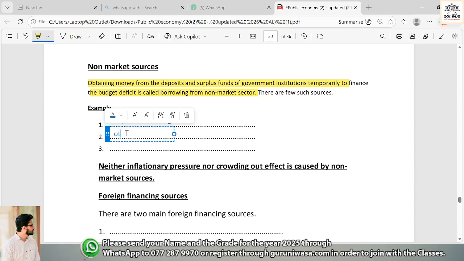Then we can say other funds of government organizations. These are called non-market sources. Government is borrowing from government.